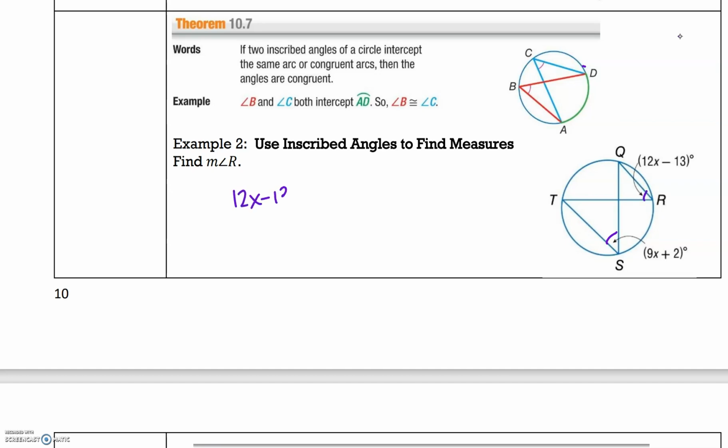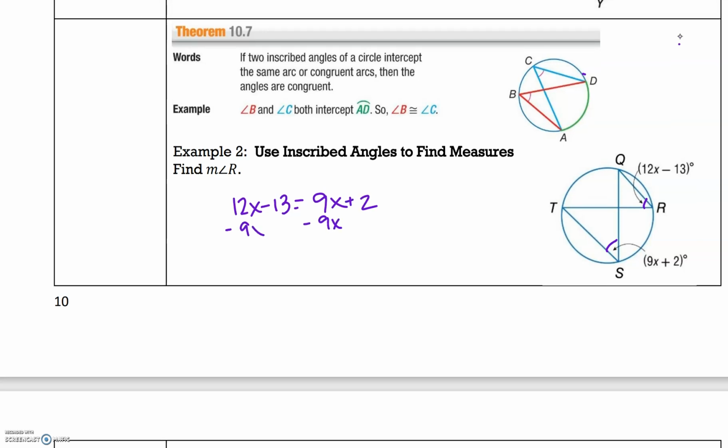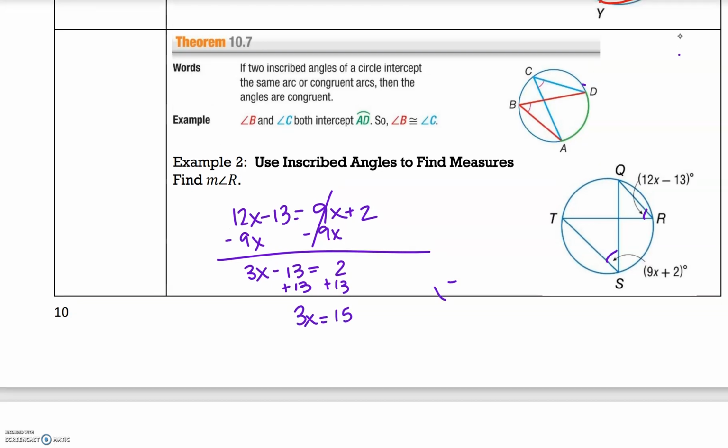So we put 12x minus 13 equal to 9x plus 2, and we solve. We're going to subtract 9x from 12x, add 13. 3x is equal to 15, which means when we divide by 3, x is 5. So if we want to find the measure of angle R, we would plug 5 back in and take 12 times 5 minus 13 and get 47 degrees.